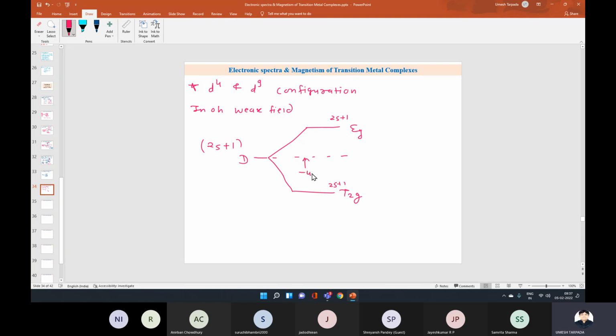This is decreased by -4Dq and this is increased by 6Dq. The total difference is 10Dq. So the multiplicity gets different, and the rest of the things remain the same in the case of D4 and D9.